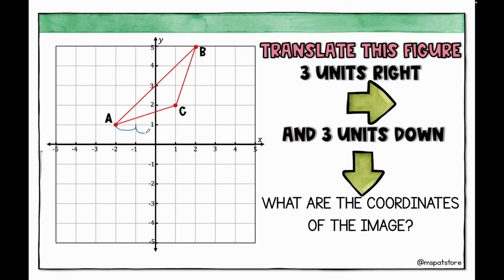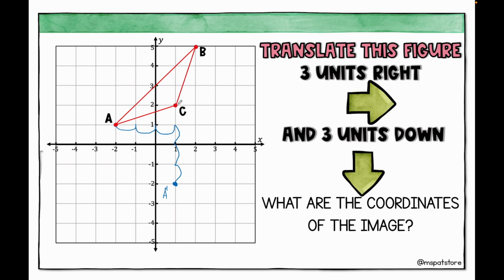1, 2, and 3. Now I'm going to go down 3 times. 1, 2, and 3. Here I'm going to plot my new point. But this one is not going to be called A. This one is going to be called A prime. Okay? Now we have this other point.